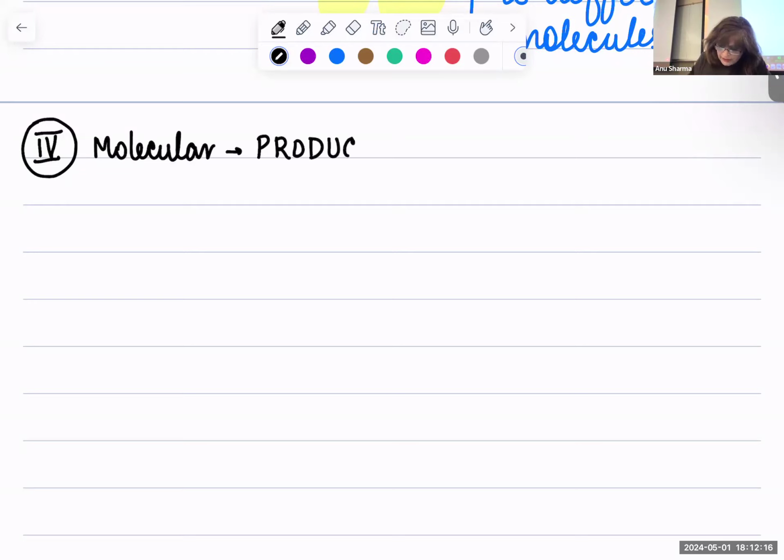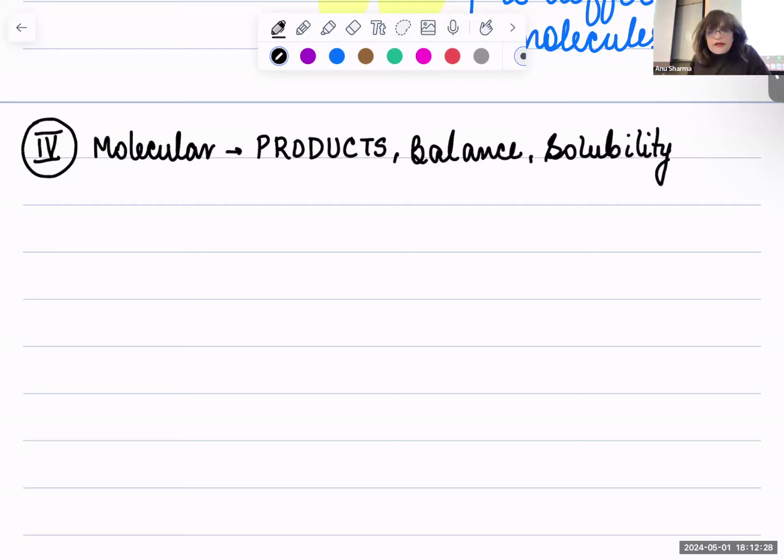Identify the products, then balance, then identify the solubility, and then the total ionic, then the net ionic, and the spectator ions.